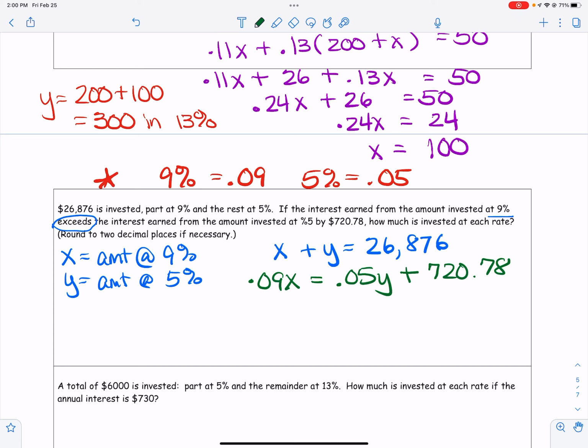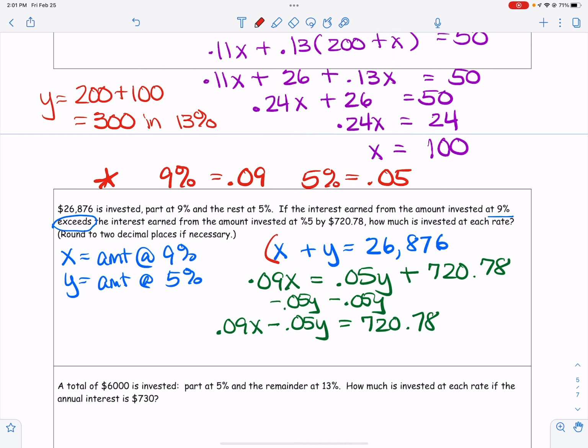So what I'm going to do is subtract 0.05y from both sides. Now I get 0.09x minus 0.05y is equal to $720.78. Then I can multiply this by negative 0.05, actually, that should be a positive 0.05.